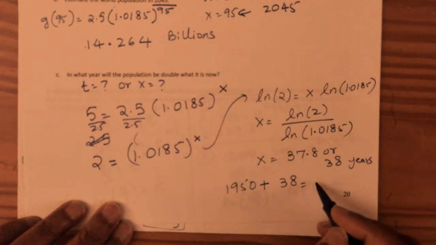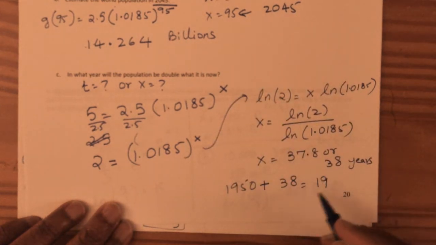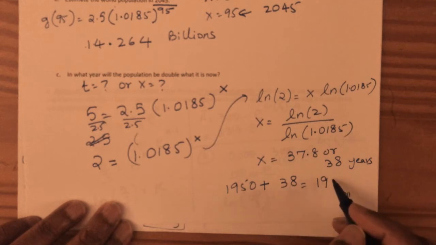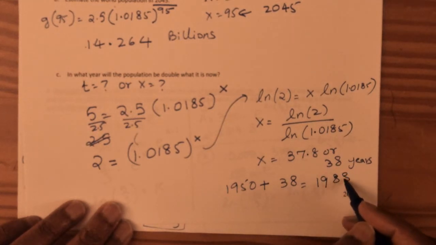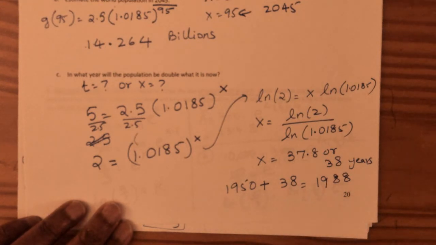It's going to be 1988. That's when you are basically going to have a population where it is doubled. Alright, this is your final answer.